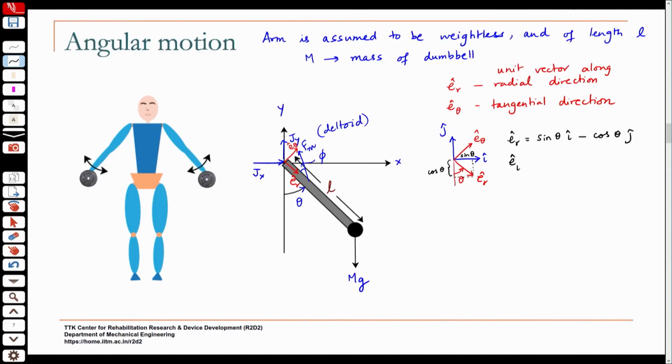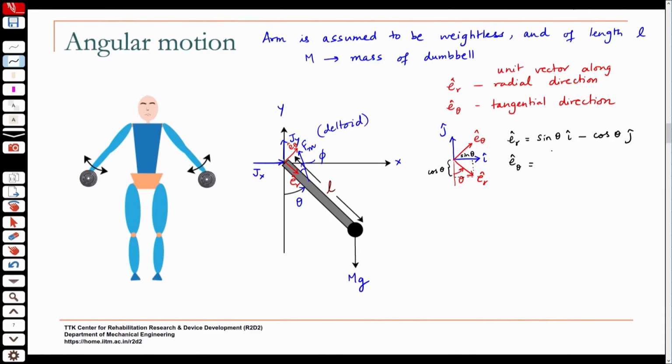Because these vectors will change with theta, Er and E theta will change. They are attached to the rotating body, and as the body rotates the coordinate system changes. E theta I can write as, if this angle is theta, then the angle between E theta and i is also theta.